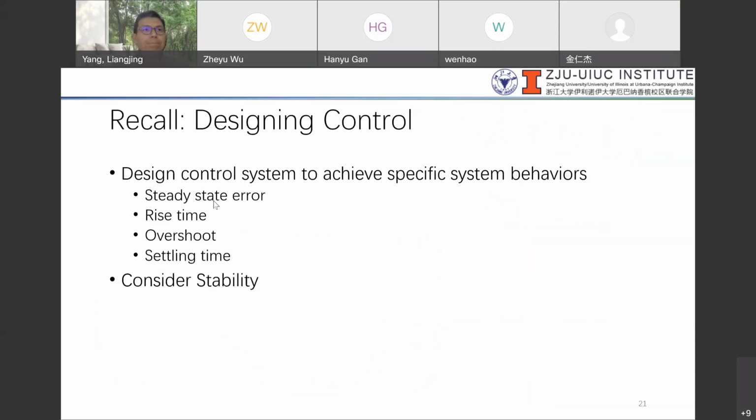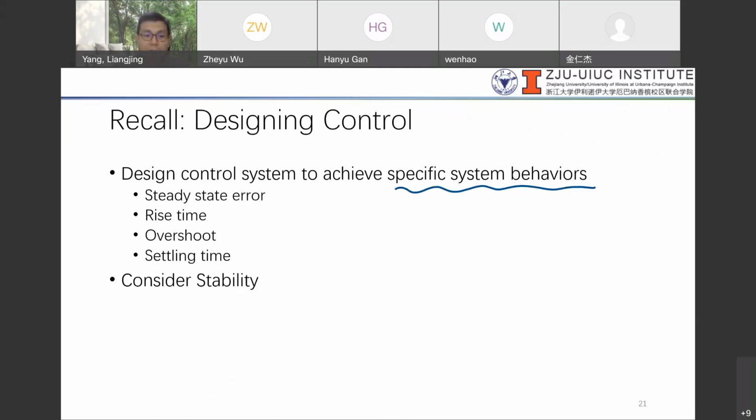All right. So if we recall designing control, what we really want to achieve is to be able to specify the system behavior. But what kind of system behavior do we want to specify? Most of you probably know that we can specify things like the steady state error, the rise time, the overshoot, the settling time.